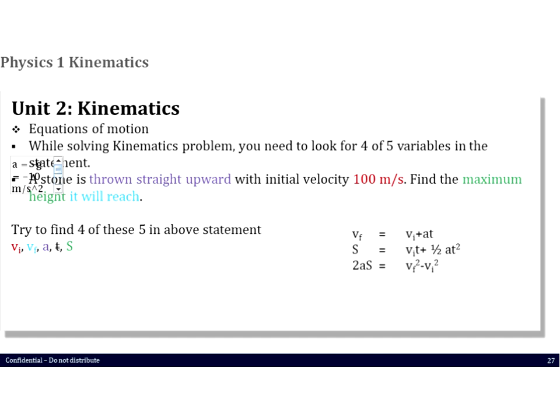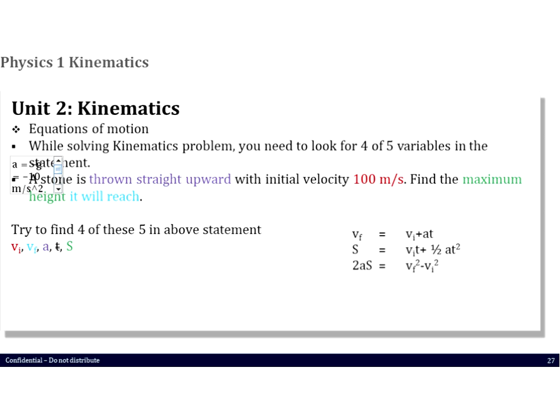Now let's solve it. As we have already figured out, the third equation of motion, 2AS is equal to VF squared minus VI squared. Just plug the values.